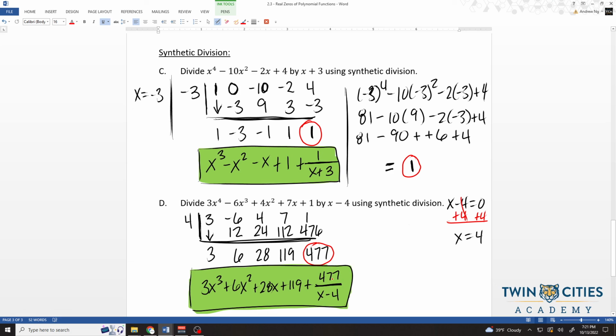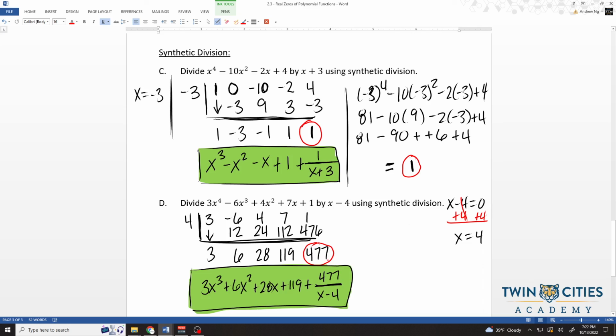I can also do that down here. So if I were to use synthetic division for 4, for this function, 3x to the fourth minus 6x to the third plus 4x squared plus 7x plus 1, I do all this and I get a remainder of 477. This tells me that this function has a point at x equals 4, y equals 477.